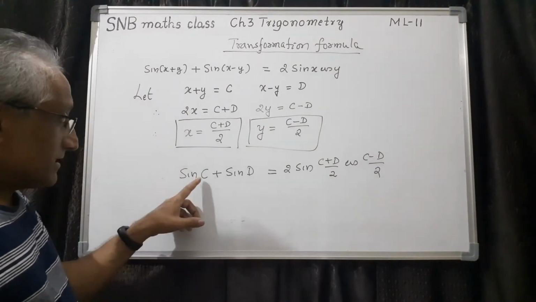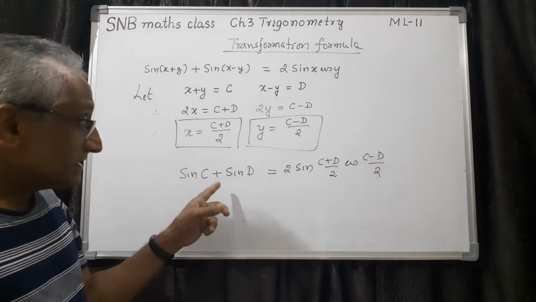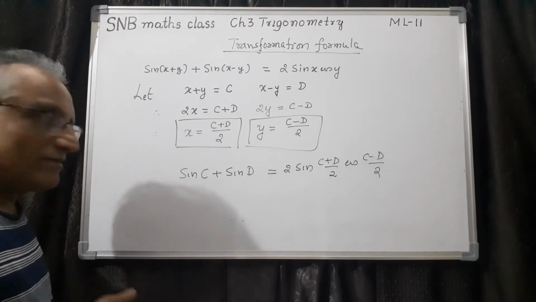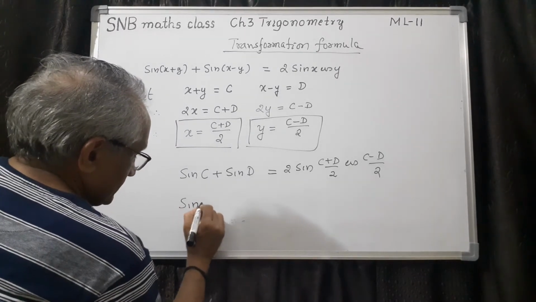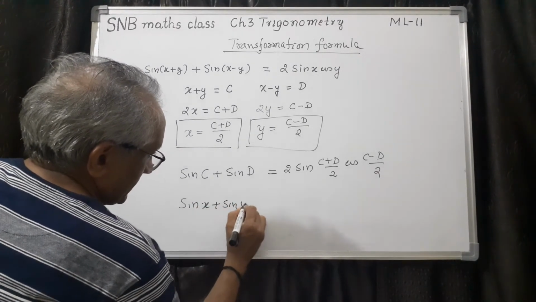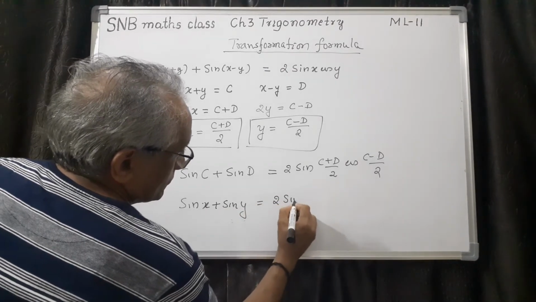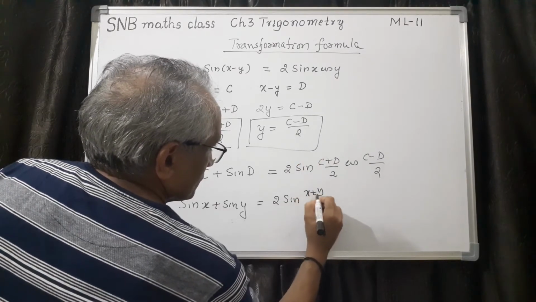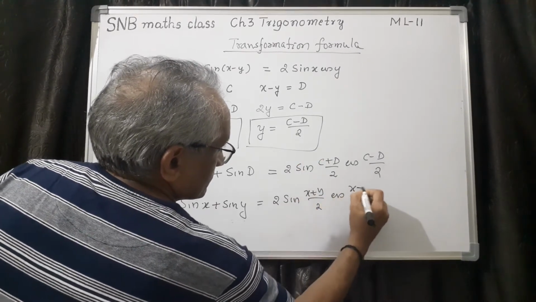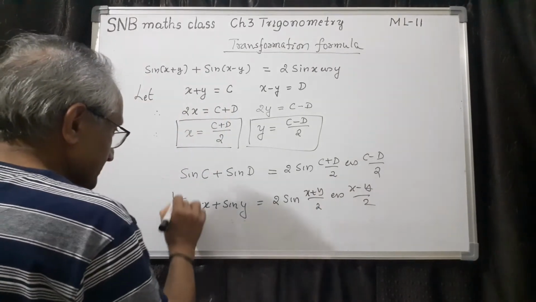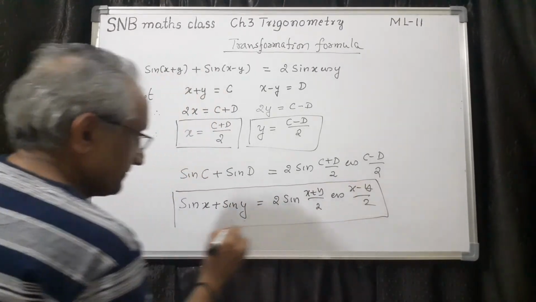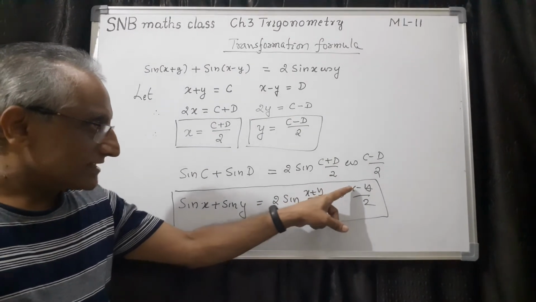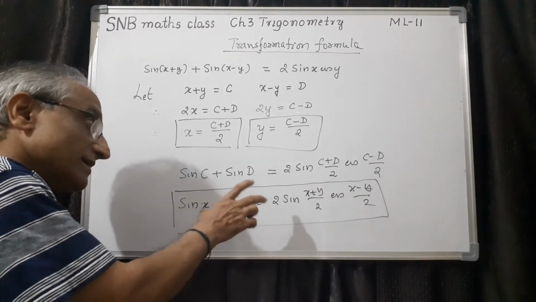For the derivation purpose, I have taken C and D. Suppose now we want to remember it in terms of x and y only, it is the same, because after all it is true for all values. So replacing, you get sin x plus sin y equal to 2 sin of x plus y by 2, cos of x minus y by 2. So this is the last expression actually. Problems regarding this we shall do later.